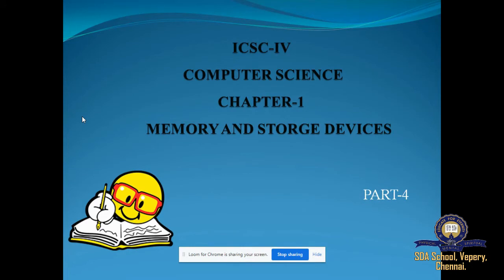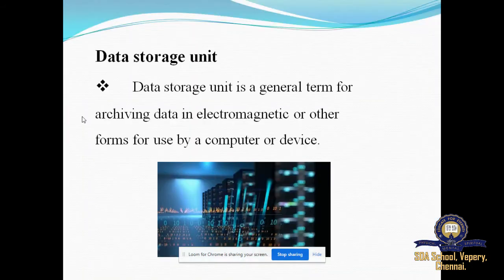What did we learn in the last class? We learned about the data storage unit, which is the general term for archiving data in electromagnetic or other forms for use by a computer or device.